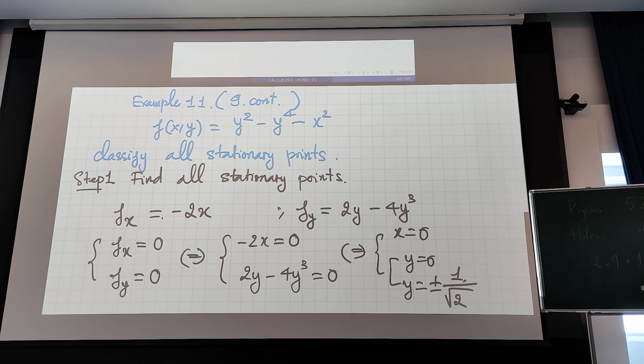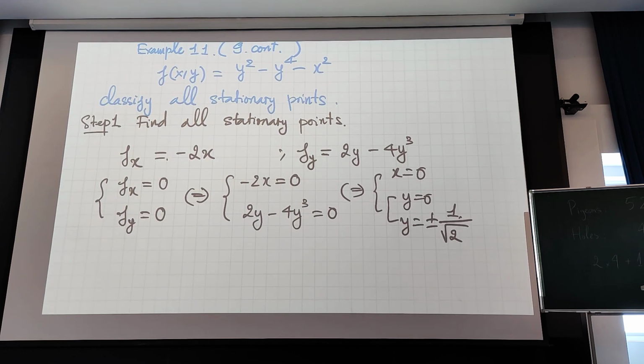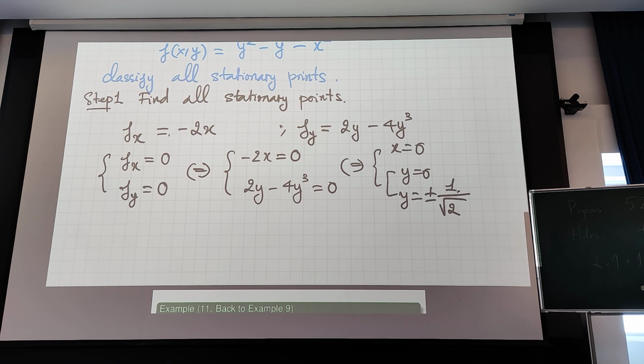You agree? So you have here 3 stationary points: (0, 0), (0, 1 over square root of 2), (0, minus 1 over square root of 2).